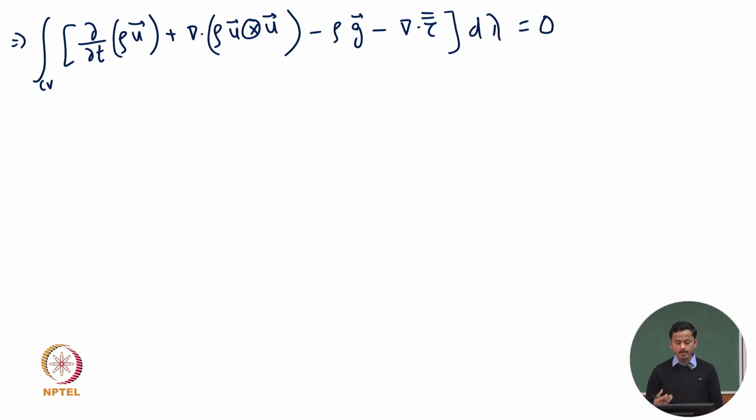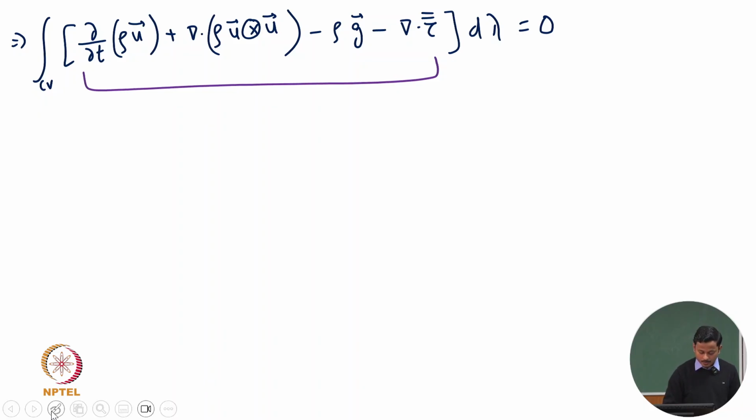Now again, this holds for any arbitrary control volume in the system, so this integrand should go to 0. The integrand is rather 0 for this equation to be valid.